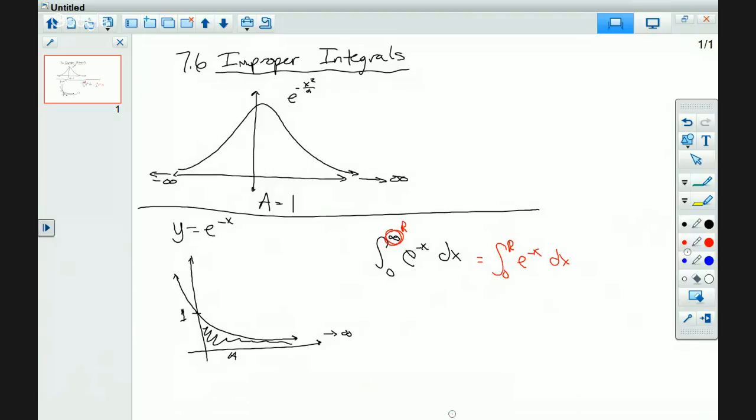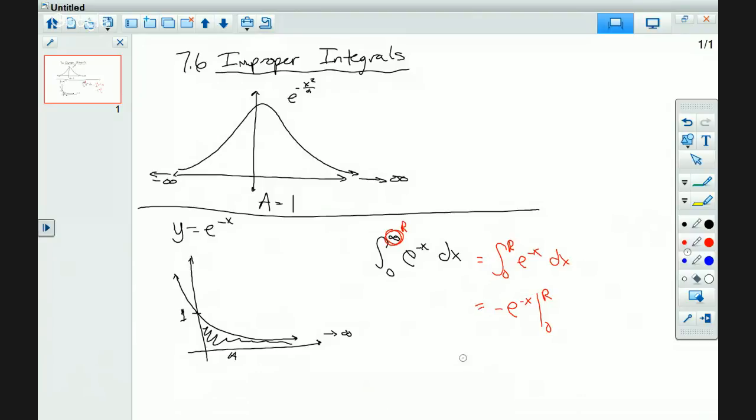That's doable, right? Because infinity is not a number. So we're going to have to use limits to solve this. So what is that integral? Right? I think you're right.